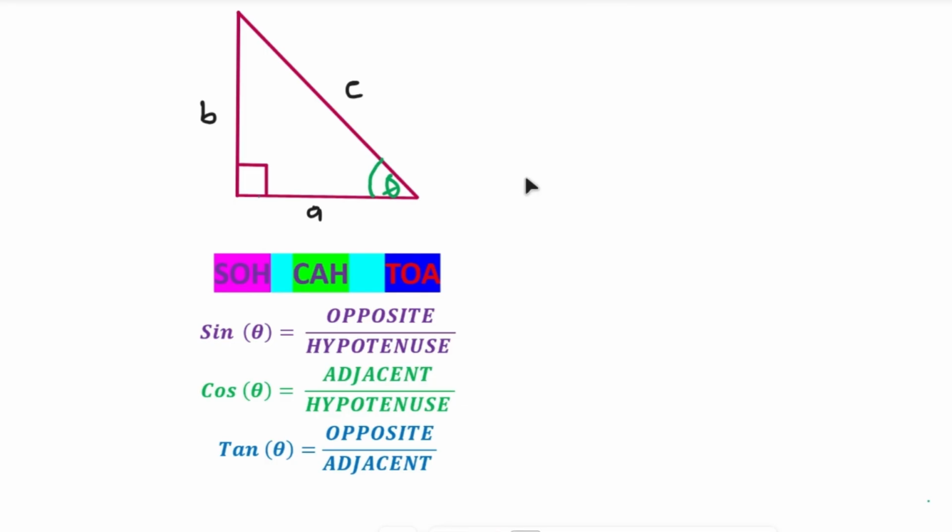Now this is the right angle triangle, and let's see this acute angle. That is theta. The sides are A, B, and what is the last one? C. Now if you want to find the sine of this theta, sine theta is equal to opposite over hypotenuse. So here we have to know the opposite and the hypotenuse. How do we get the opposite? This is the acute angle, and the acute angle is opposite to this side.